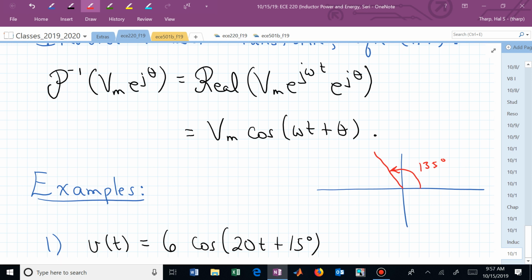That's about 120, but it's supposed to be splitting those two vertical and horizontal axes 45 degrees on either side. That's 135. If we said minus 90, where are we? We're in the imaginary axis in the negative side. This is now minus 90 degrees.